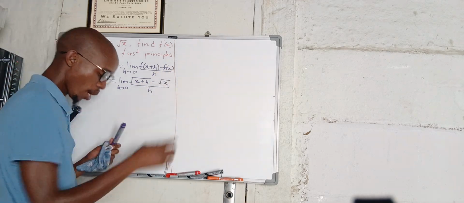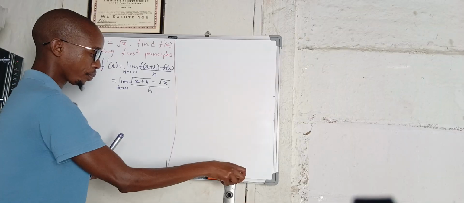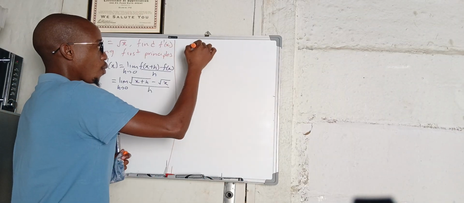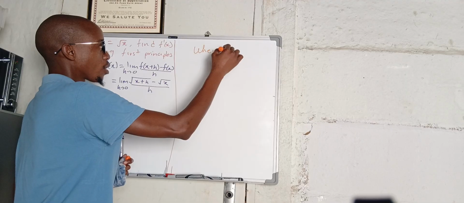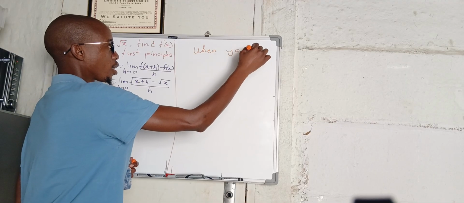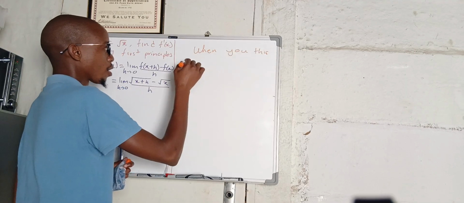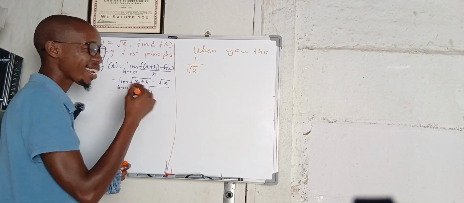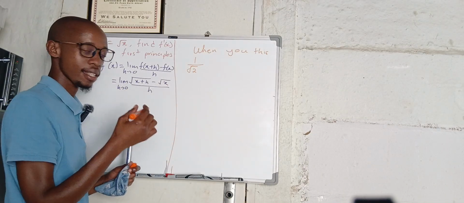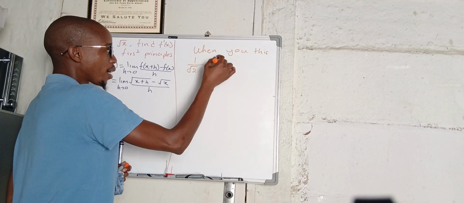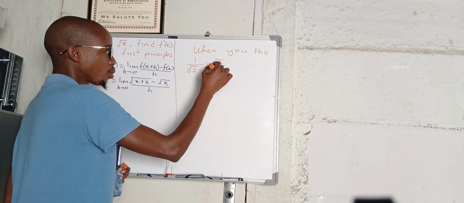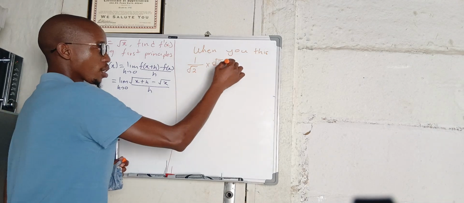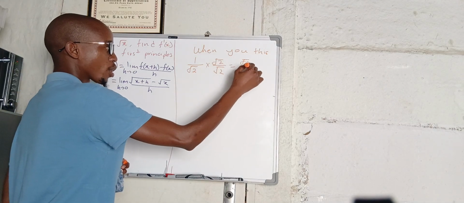I wrote something here when I was rationalizing the denominator. When you have 1 all over the square root of 2, you want to rationalize the denominator. By rationalization of the denominator, you will be multiplying this by the square root of 2 all over the square root of 2. And it's going to give you square root of 2 all over 2.